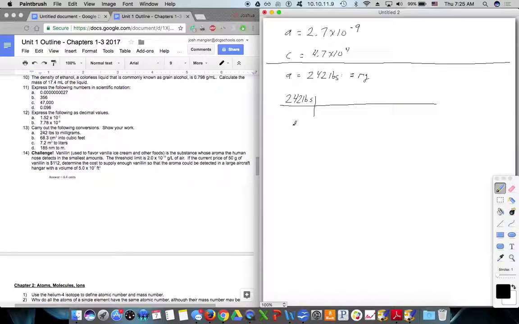And I know a couple conversion factors off the top of my head that maybe you would have to look up. 1 pound is equal to 454 grams. And then we have 1,000 milligrams is equal to 1 gram. So I can go to grams and then milligrams.